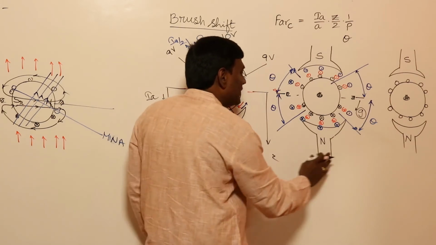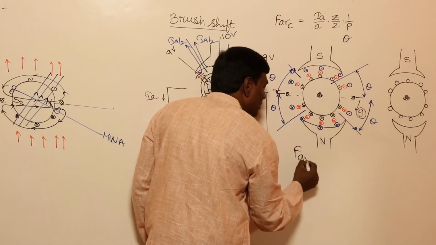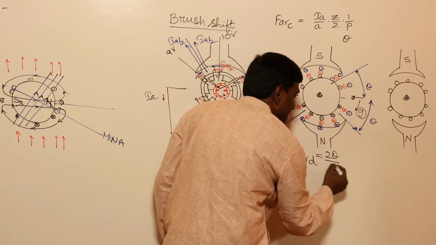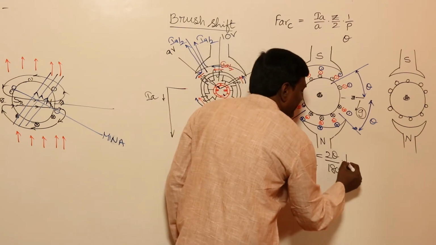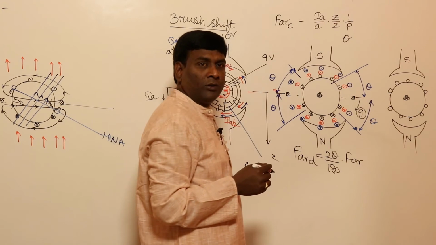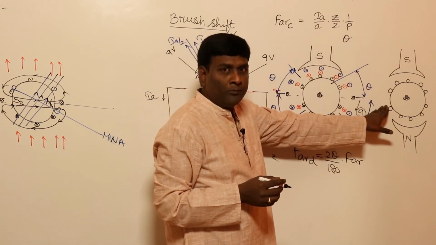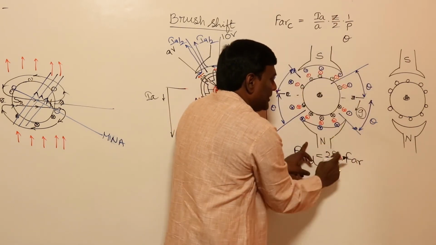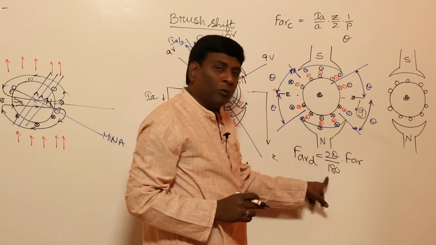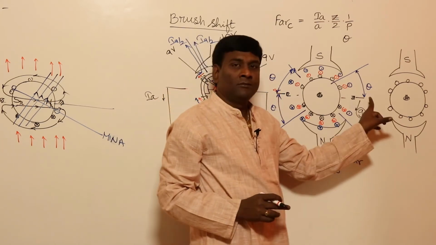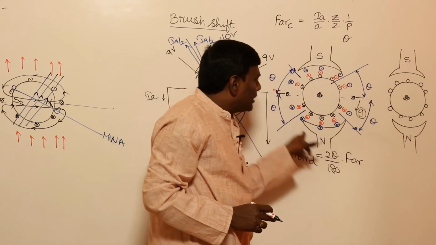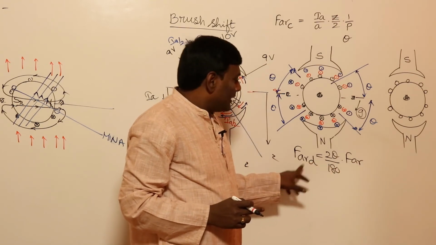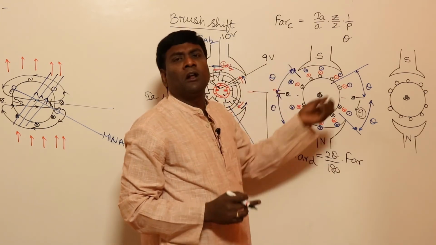Anyway, now out of this, if I have a brush shift of theta, how much will be the demagnetizing ampere turns per pole? Demagnetizing is going to be 2 theta by 180 times the armature MMF. So out of the total armature MMF per pole, 2 theta will be given to demagnetizing, because out of a total of 180 electrical degrees, 2 theta should be given to demagnetizing and the remaining is going to be cross magnetizing.